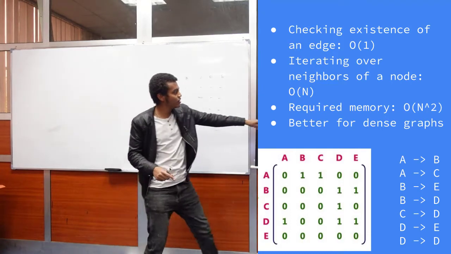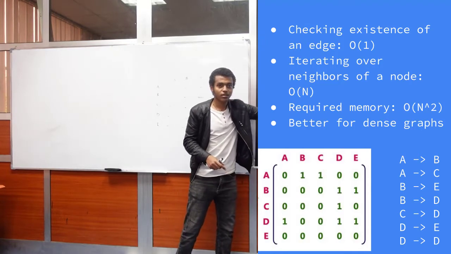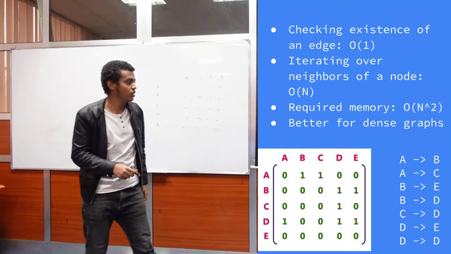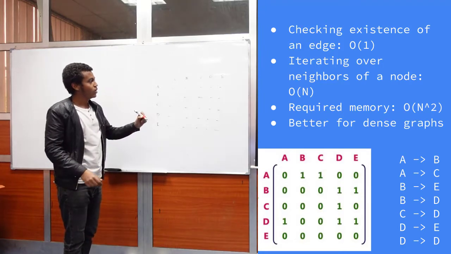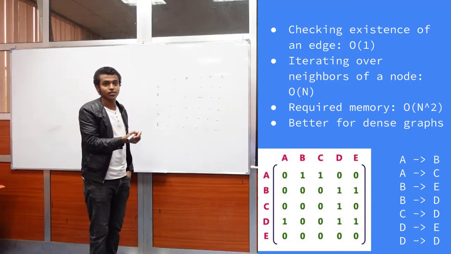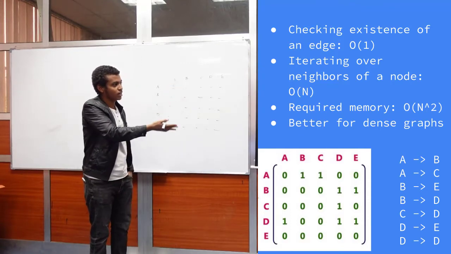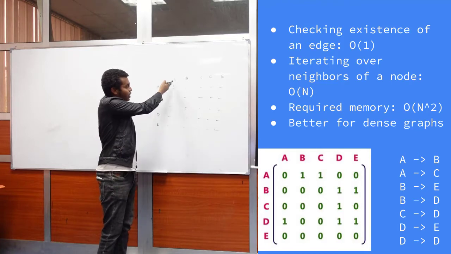And if this represents a self edge, we'll discuss it when we get to D. But what should be the value of this? Oh, it's 0, because there is no edge from A to A.